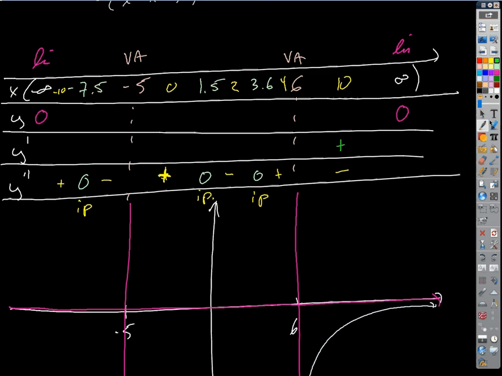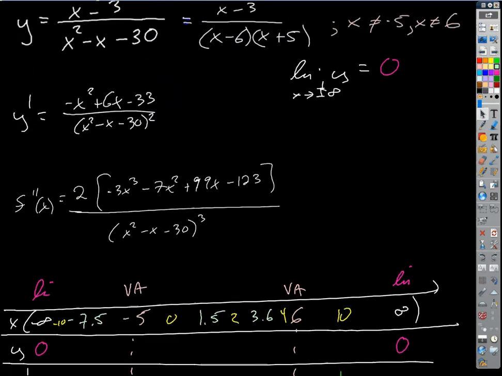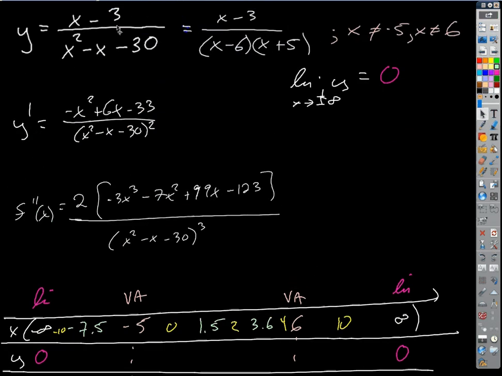If I plug in 1.5 into my original function, I'm gonna get negative 1.5 on the top. I'm getting pretty close to 0, roughly 0.